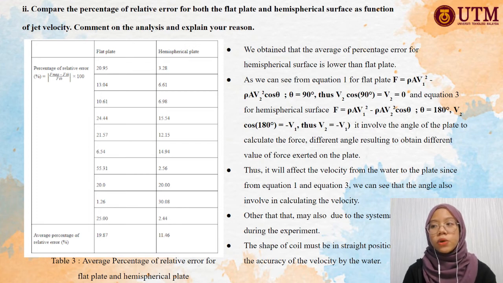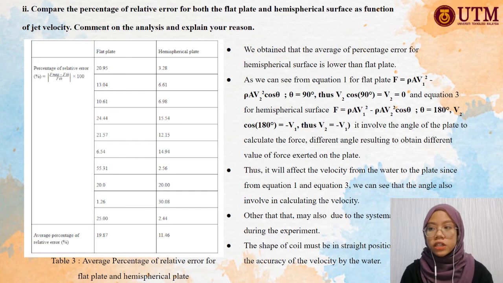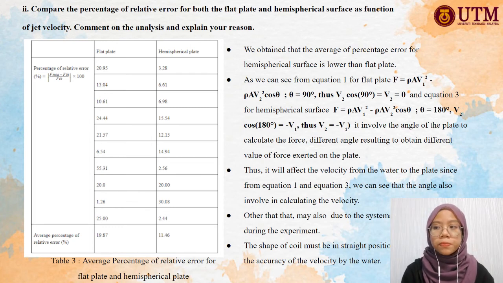As we can see from equation 1 for flat plate and equation 3 for hemispherical surface, it involves the angle of the plate to calculate the force, where different angles result in different values of force exerted on the plate.